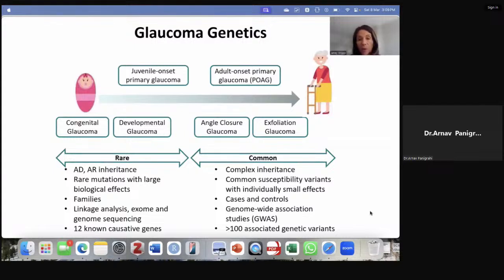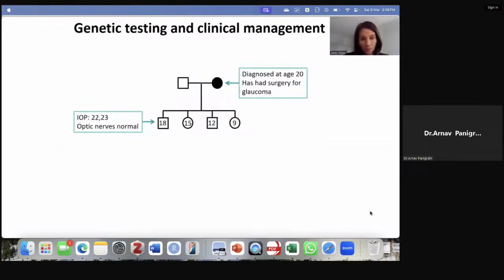For adult onset primary open angle glaucoma, there are more than 100 genetic risk factors associated with disease. So genetic testing is very important for both early onset disease and late onset disease. And I'm going to show you examples of both of those, starting with the early onset forms.